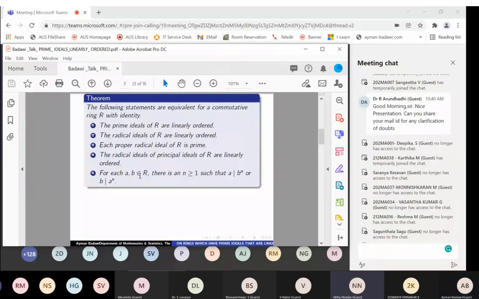So whenever you have A and B, we should be able to find an n that relies on A and B, where A divides B to the n or B divides A to the n. So it seems that this is a complete answer to the problem I just mentioned: when the prime ideals are linearly ordered.